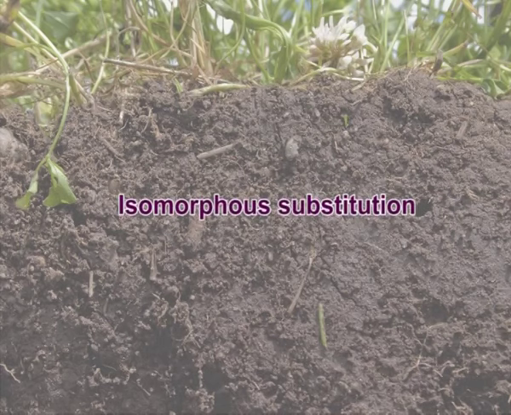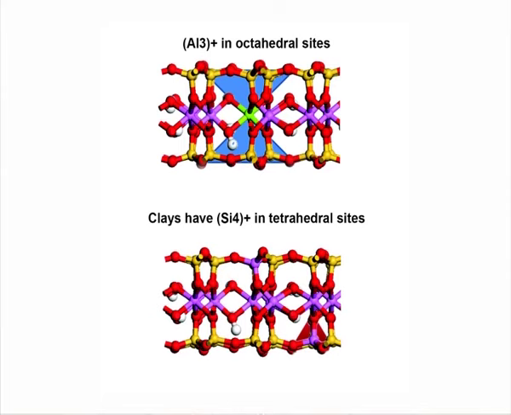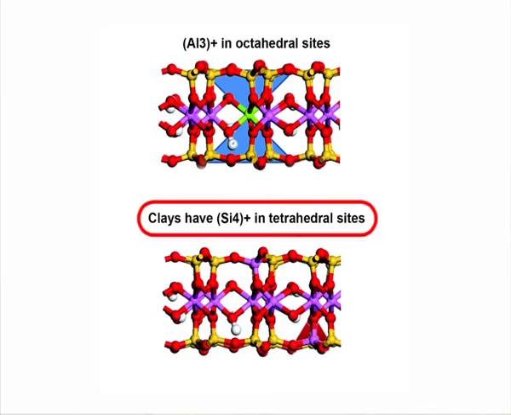Isomorphous substitution. This is due to the substitution of a cation of higher valence with another cation of lower valence, but similar in size in the clay crystal structure. In clay crystals, some ions fit exactly into mineral lattice sites because of their convenient size and charge.